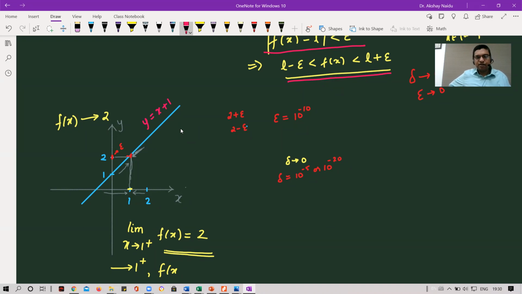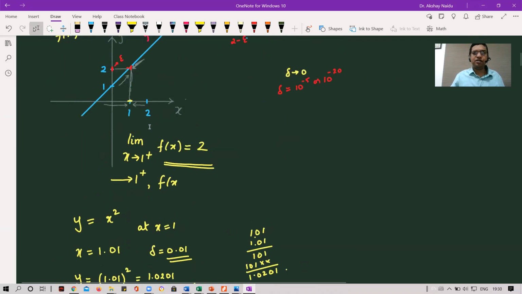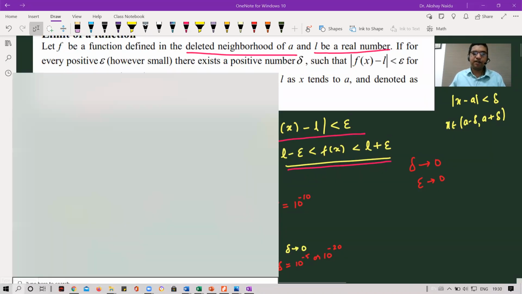So another way to say it is, as x tends to 1, the function value approaches 2. All right. Now, why such a complicated definition? Because sometimes you study a graph like this.